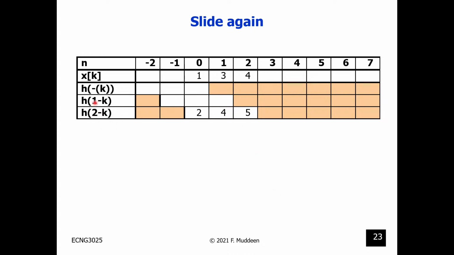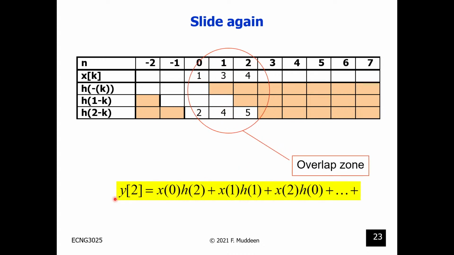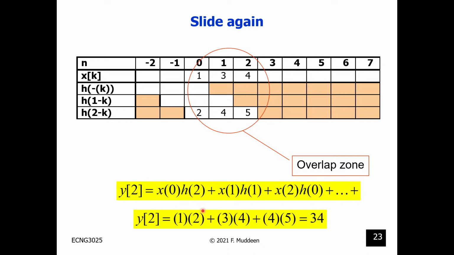And we can keep on shifting that h of n minus k signal for each overlap, and keep on calculating accordingly for y2, y3, y4, and y5, and so forth. For y2 here, because the signal overlaps entirely, it's going to be 1 multiplied by 2 plus 3 multiplied by 4 plus 4 multiplied by 5, and the result is going to be 34.